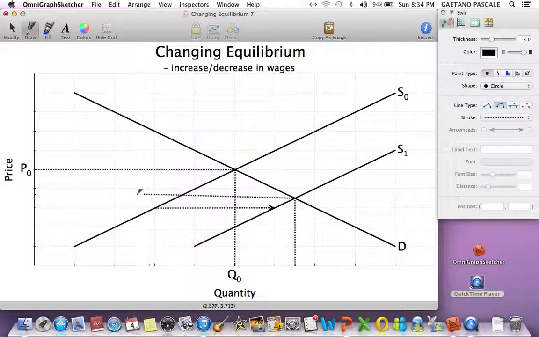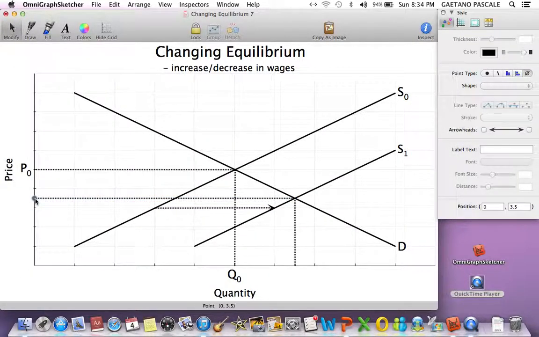And if we go from the intersection of the new supply curve and the original demand curve, that gives us our new price. So here is P1. And this is Q1.